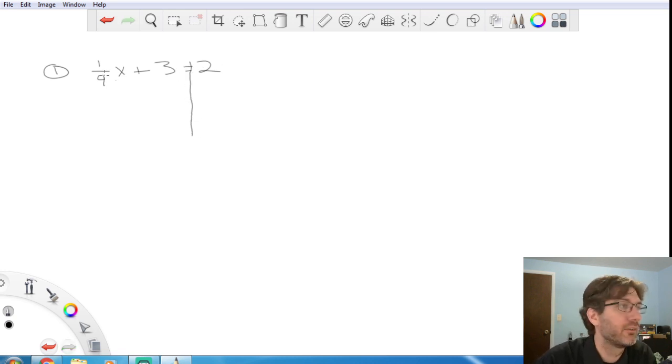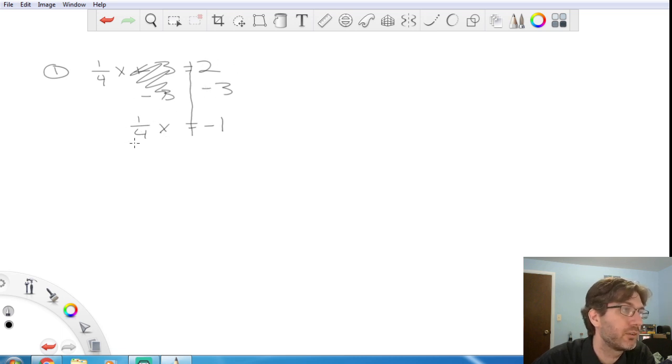You want to get x by itself. I'm adding 3 here, so order of operations in reverse. Subtract 3 from this side, subtract 3 from this side. Watch your integer work. This is going to cancel here, leave you with 1/4 times x. However, this is going to be 2 minus 3, which gives you a negative 1. So just watch your integer operations.